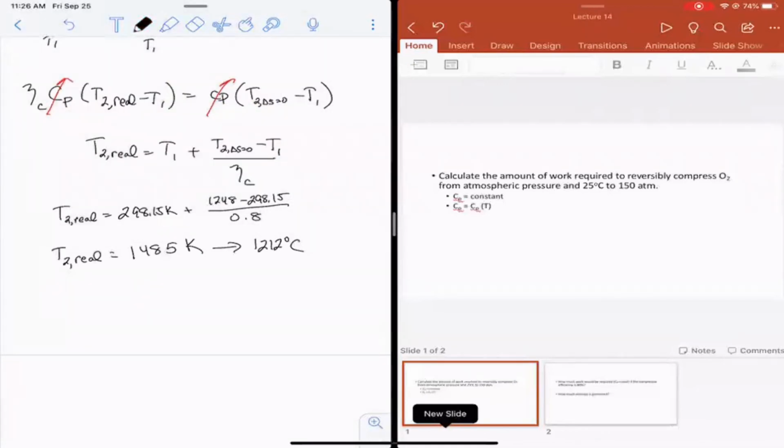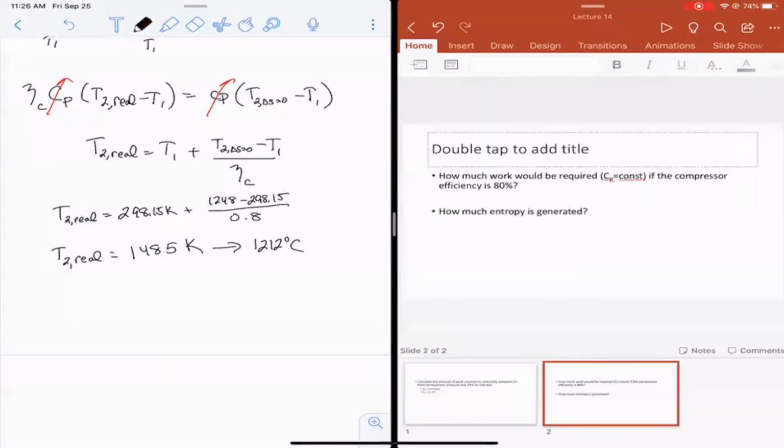And then depending on what the problem asks, we'll either calculate the efficiency, we'll find the final temperature, we'll do other stuff. But like I said, every time we'll do the isentropic case. So now we have the final temperature of the real system, so let's try to figure out how much entropy is going to be generated.